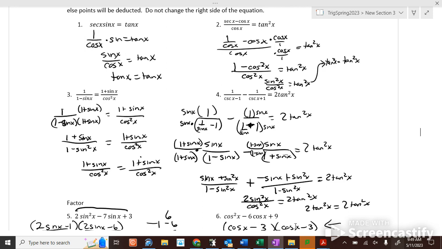So it's probably easier by going, so then you get cosecant of x plus 1 over cosecant squared of x minus 1 minus cosecant of x minus 1 over cosecant squared of x minus 1 equals 2 tangent squared of x.